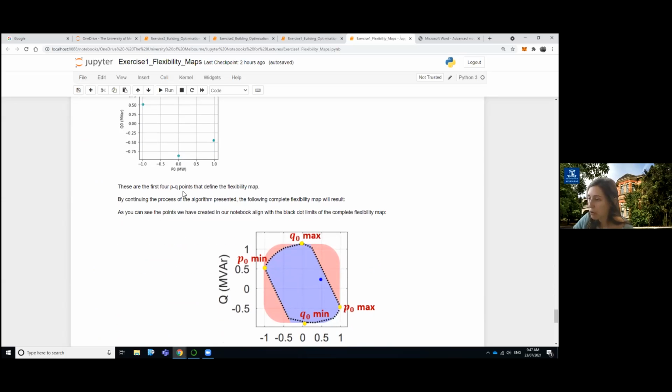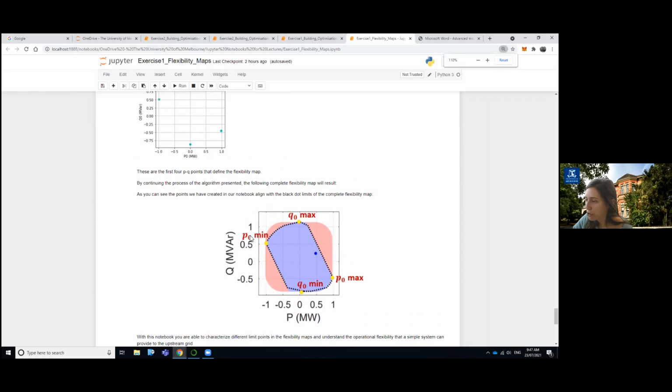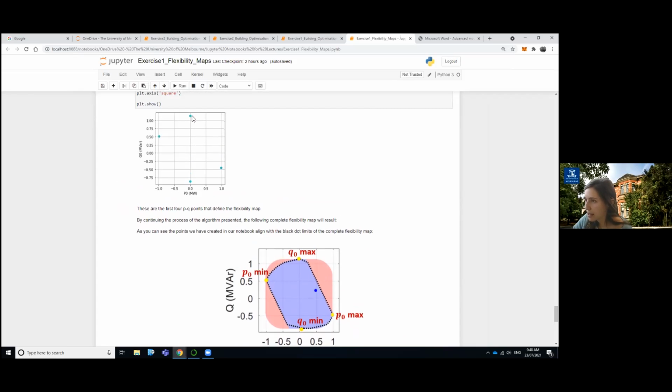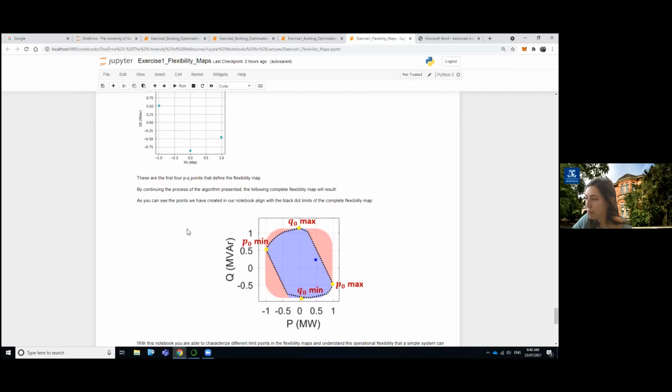And when we see this figure that Pierluigi showed before of the PQ full nodal operating envelope, we can see that the values that we have gotten are equivalent to the ones there. So we are on a good track to do the flexibility map. This is only the first step.